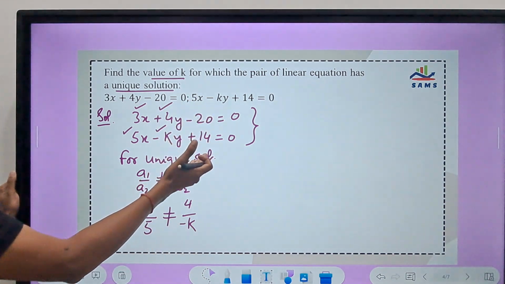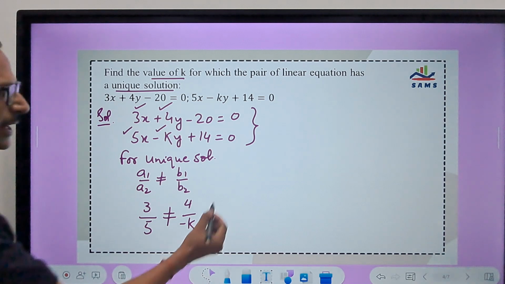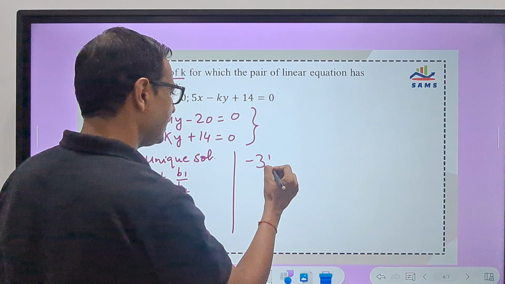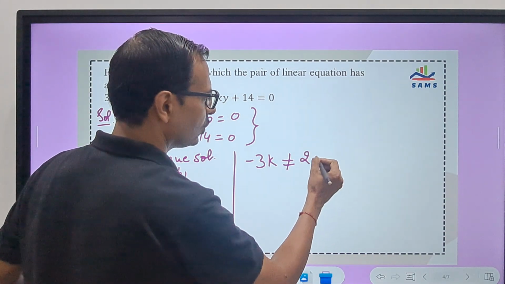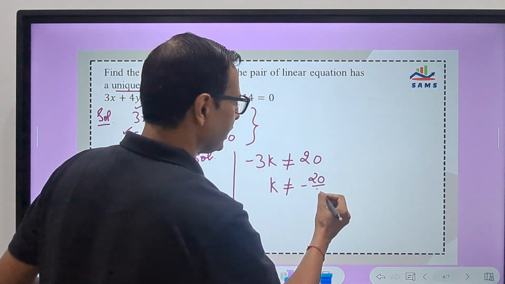I don't need c1 upon c2 because that doesn't relate to a unique solution. So when I cross multiply these, I will get minus 3k is not equal to 4 fives are 20, and so k is not equal to minus 20 upon 3.